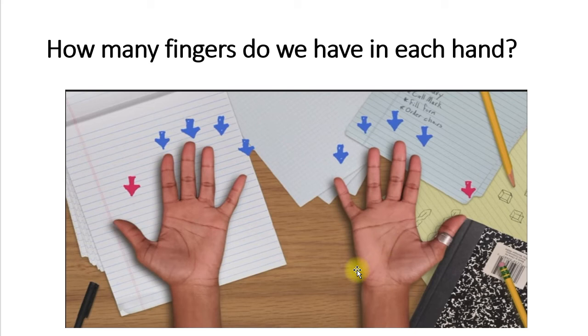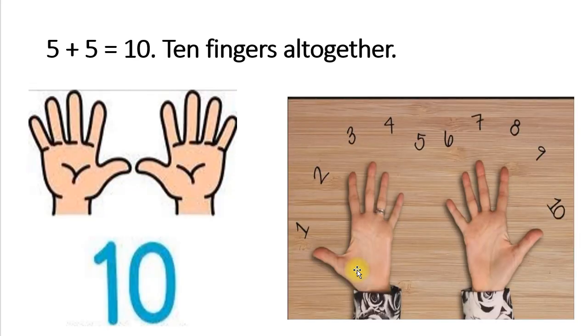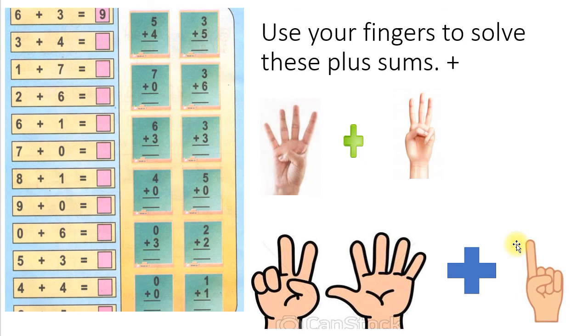Now use your fingers to solve the sums. 5 plus 5 is equal to 10. 10 fingers all together. Here our numbers are like your fingers. It will help you in solving these sums. Use your fingers because no object is here. Okay, 3 plus 4.